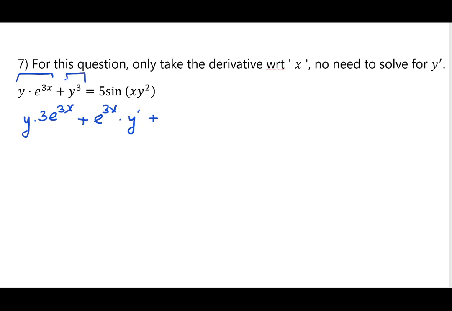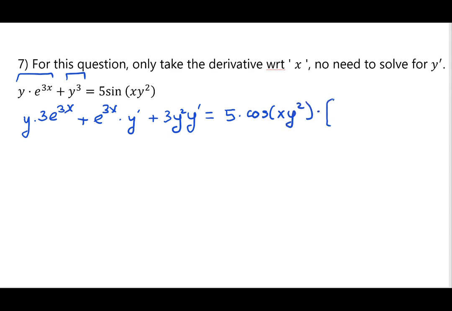Now let's take the derivative of y to the third. That'll be 3y squared y prime equals, okay, if a constant times something, the constant stays as it is. You have sine of a quantity, so the derivative will be cosine of the same quantity. So cosine of xy squared times the derivative of the inside.